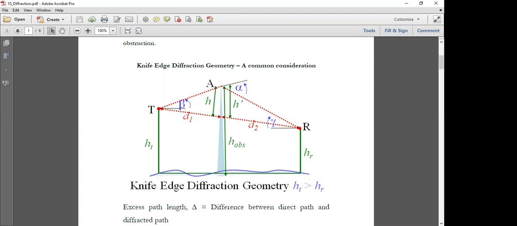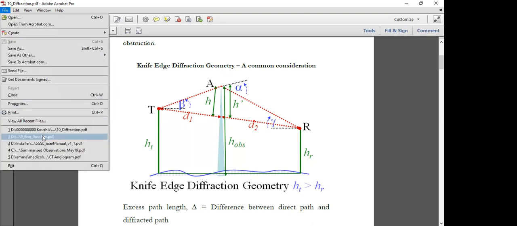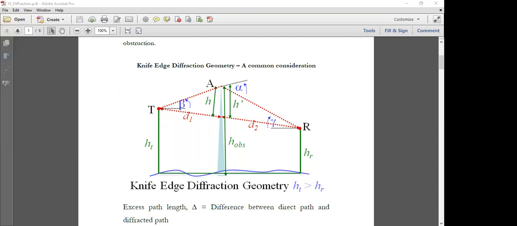Let's go back to our first discussion. See here, we have d by lambda. This is a very fundamental relationship. This equation is for a free link.